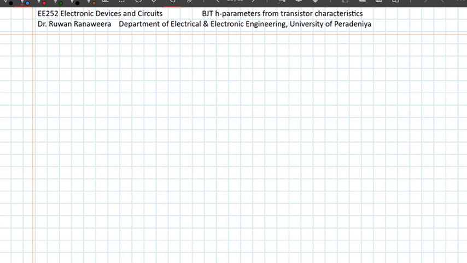Actually, we did not go through this during the formal discussion about input characteristics. We said the input characteristics were almost similar to a diode's input characteristics, but we are going to talk about that a little bit more today.